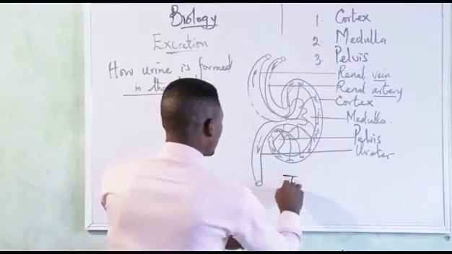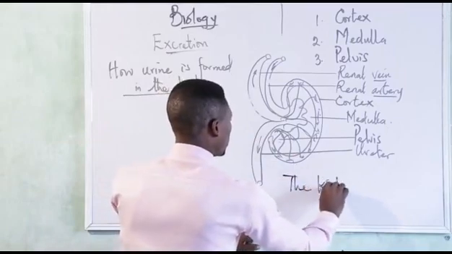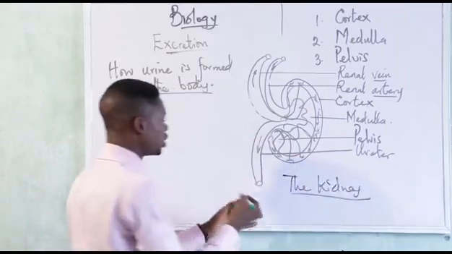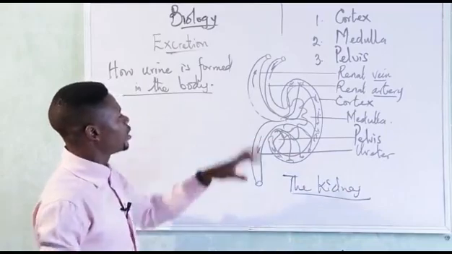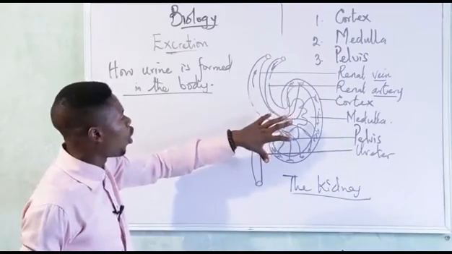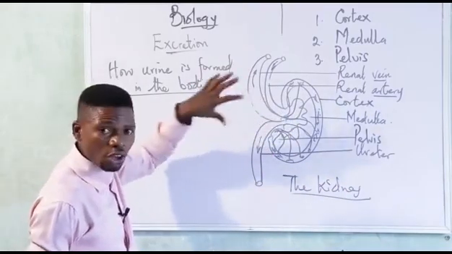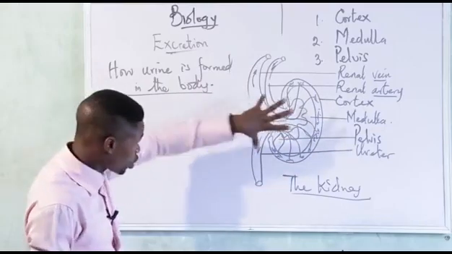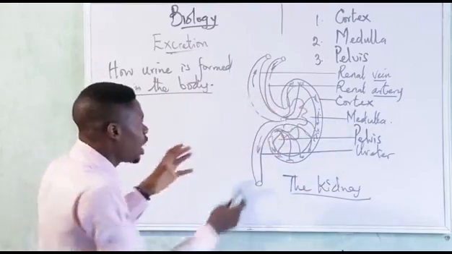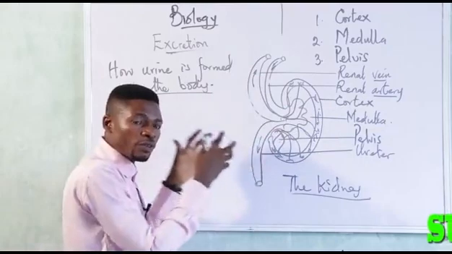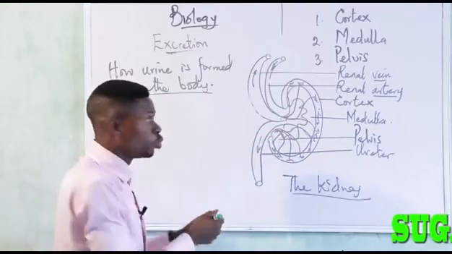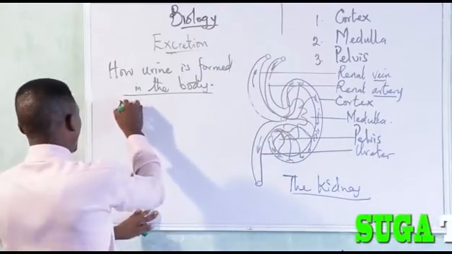And this kidney has millions of filtrating tubules in it. Just one kidney, in a man, has millions of filtering tubules, which we refer to as the nephron.